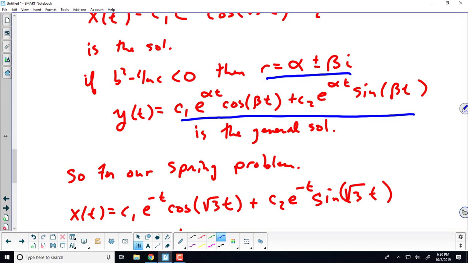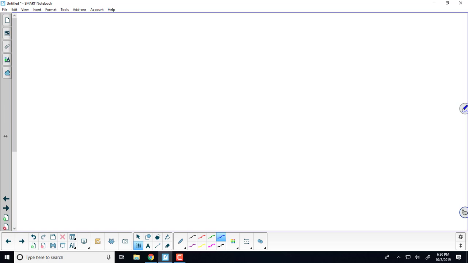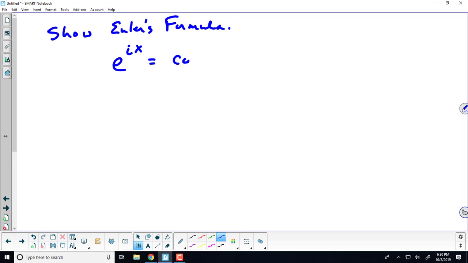So the first thing I want to do is show Euler's formula. Do you guys remember Euler's formula? Yeah. It says that if you have e to the ix, that is equal to the cosine of x plus i sine of x.